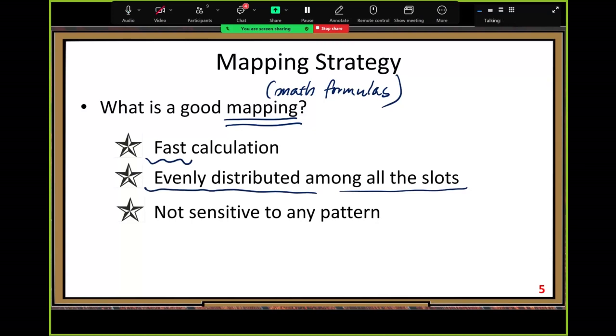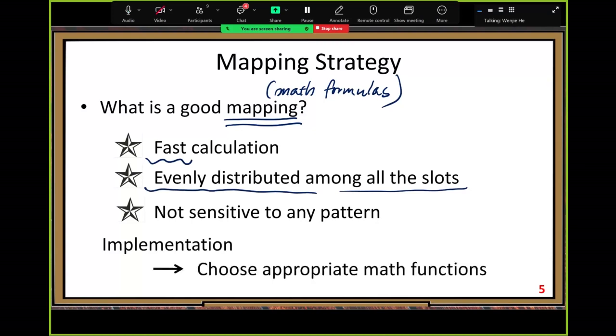All right. Implementation. Choose appropriate math functions. We call them hash functions. Here, the method is very simple. If you can find appropriate hash functions, then we are almost done.